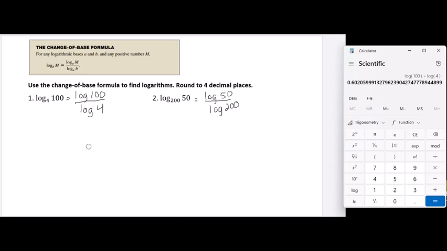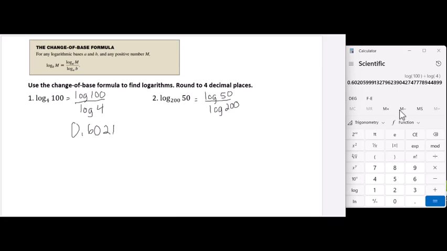And what we get here, rounded to 4 decimal places, is 0.602. And then that fourth decimal place is a 0, but the fifth decimal place is a 5. So this is 0.6021.